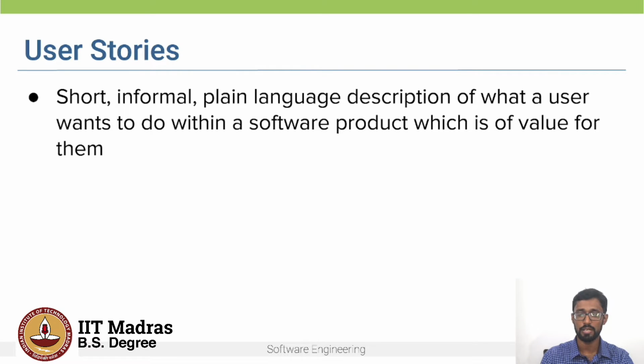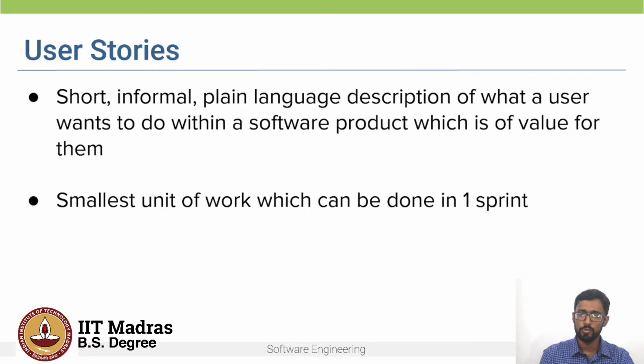These user stories are developed on 3 by 5 index cards. So we write these user stories on small cards. User stories are the smallest unit of work which can be done in one sprint, and one sprint is roughly 1 to 2 weeks.